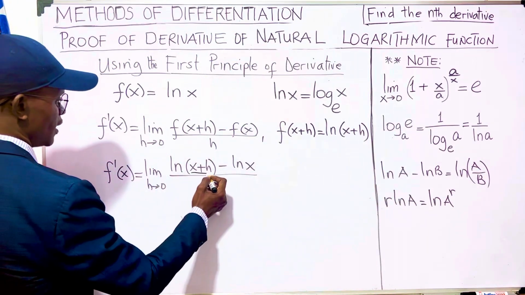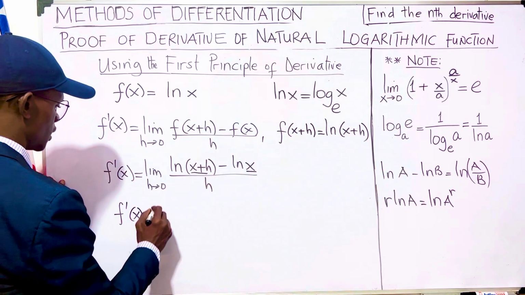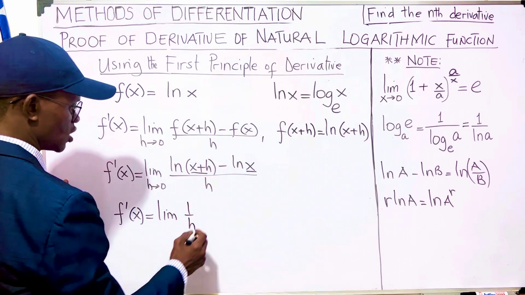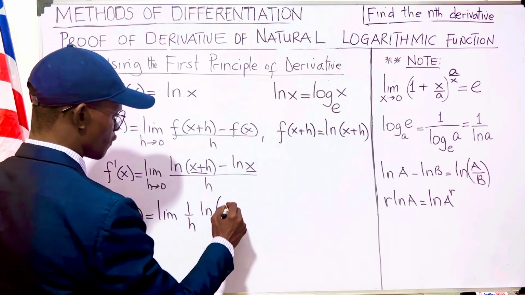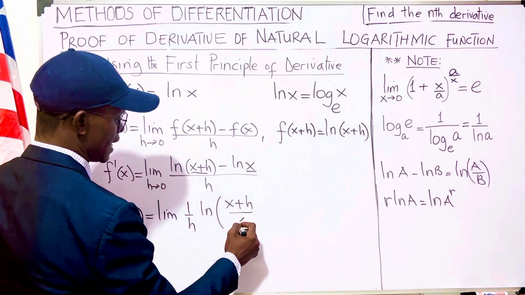So this is our a and this is our b. We can rewrite it as the limit, and factor out 1 over h. So this now becomes ln of x plus h divided by x.